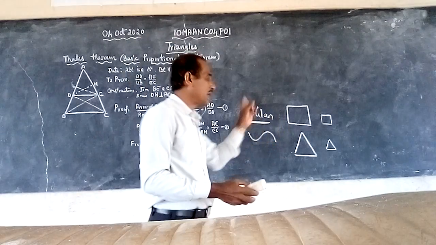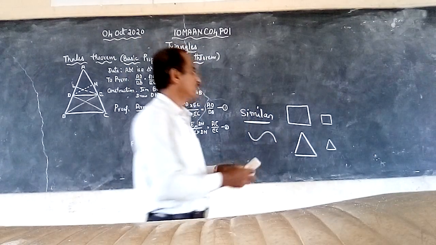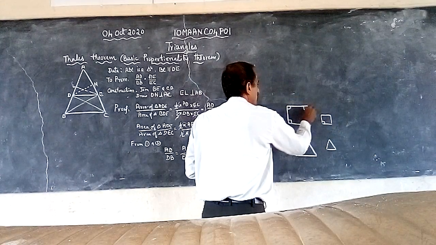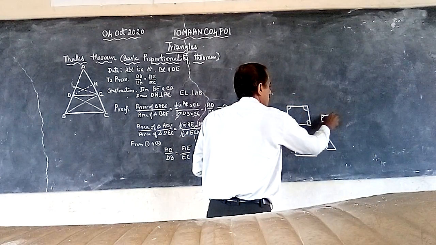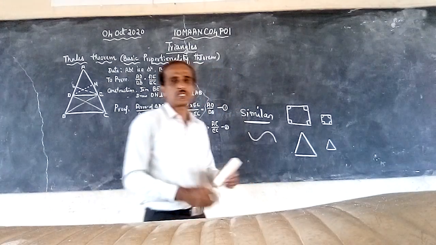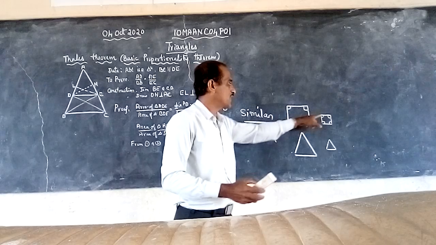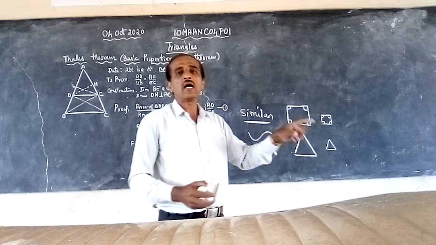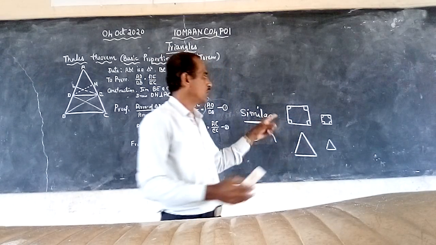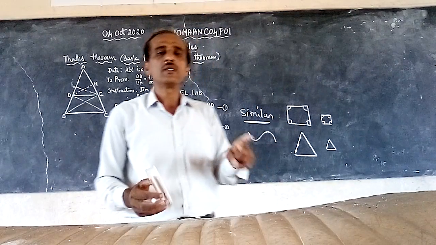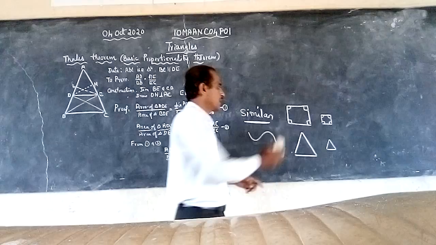When figures are similar, their angles are equal, but the sides are not equal; the sides are in proportion, or in the same ratio. So if the angles are equal and the sides are in the same ratio, they are called similar figures.